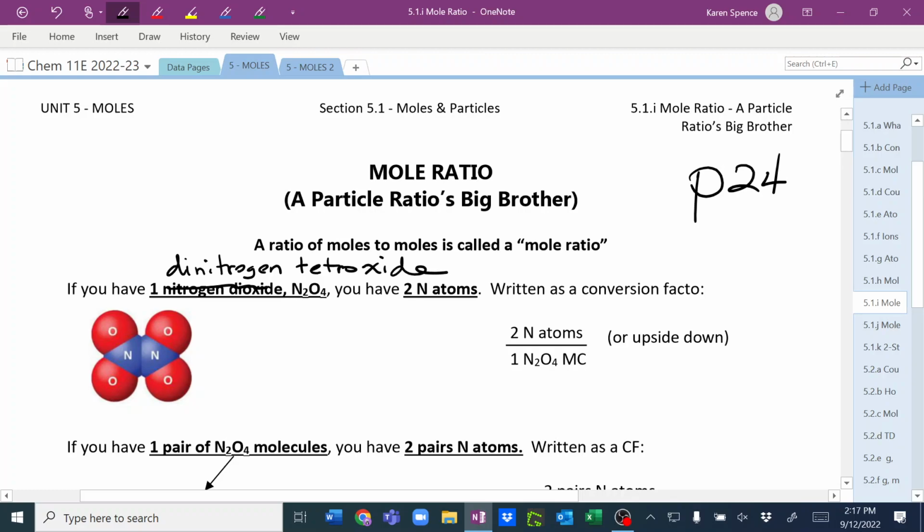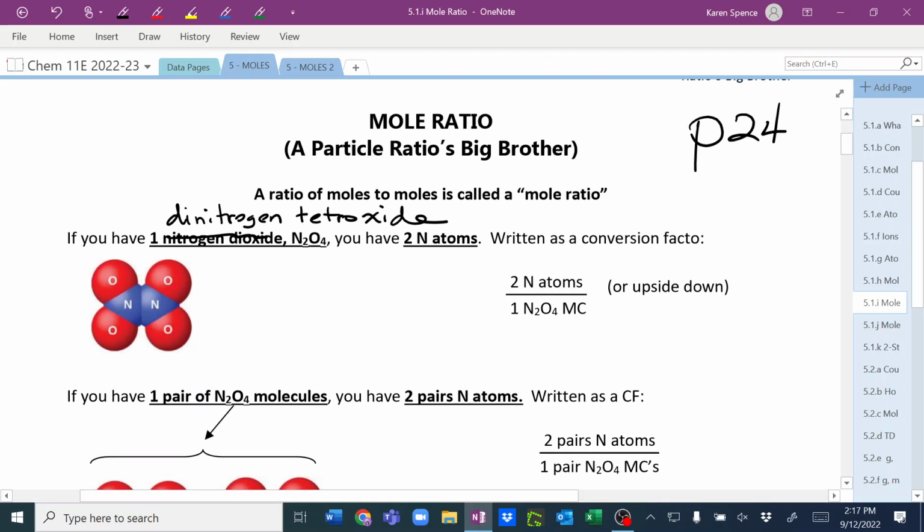Okay. So if you have one dinitrogen tetroxide, it should be pretty obvious that you have two N atoms, and you can write that as a conversion factor, of course. You've got two N atoms per one N2O4 molecule. We're all good with that? Excellent. Let's scale it up a little bit.